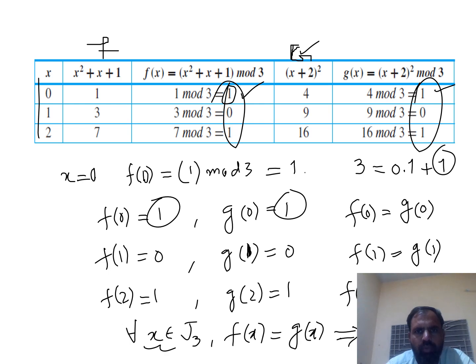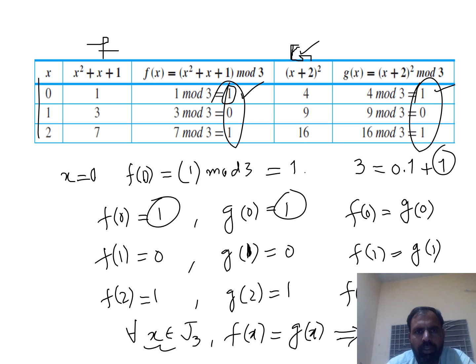For x equal to 0, this will become 1, and (x plus 2) squared is 4, so 4 mod 3 is equal to 1. Similarly for x equal to 1, this will become 3, and 3 mod 3 is 0, which I discussed in the previous slide, and this will become 9. So 9 mod 3 is equal to 0.